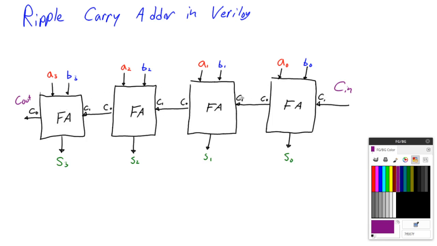Now we need to name these intermediate signals. This is C out for this adder, but it's C in for this one. So I'll just call them C1, C2, and C3.